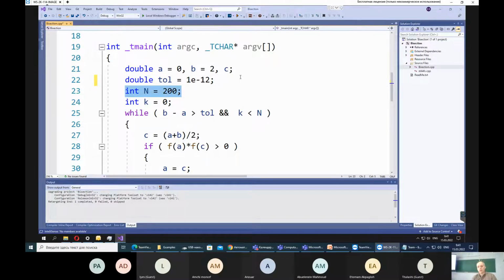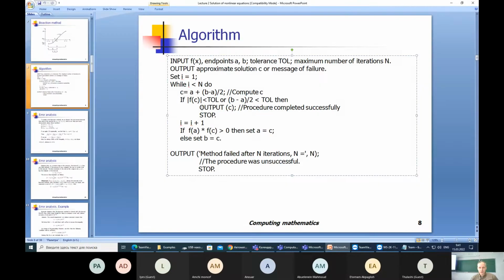The number of iterations, 200. It's the maximum number of iterations. And k is a counter for the iterations performed. According to the method, what is the stop condition?